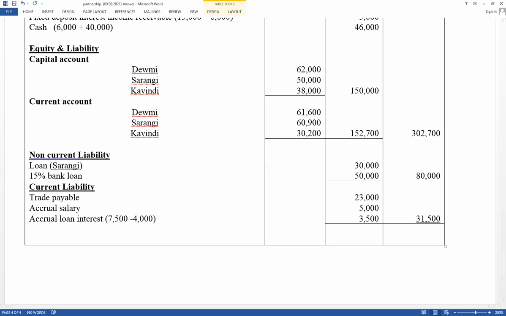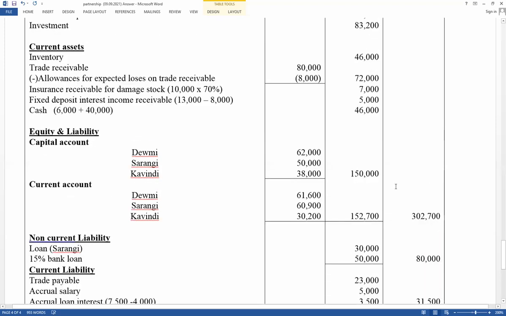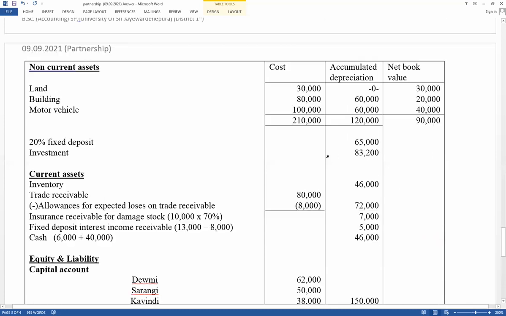Therefore, total liability can be calculated. Total liability equals 414,200. 414,200 total liability plus equity. Total liability and equity value equals 414,200. Now take the assets also. Take asset side total value.